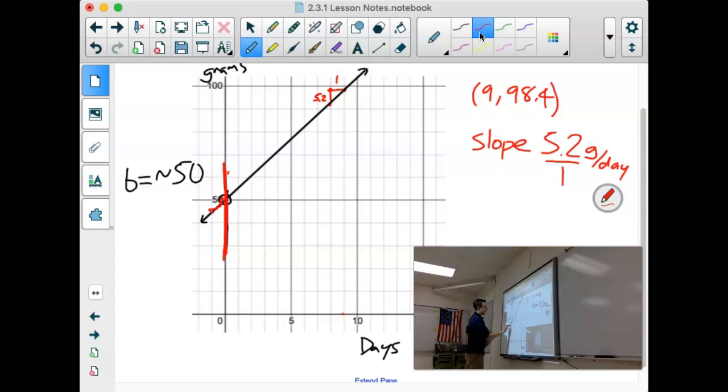Can we have a chick that's negative days old? I don't think so. Since our chick is born on day 0 and can only get older as it adds weight from its birth weight, we can't count anything with a negative x value. So our minimum is where x is equal to 0.